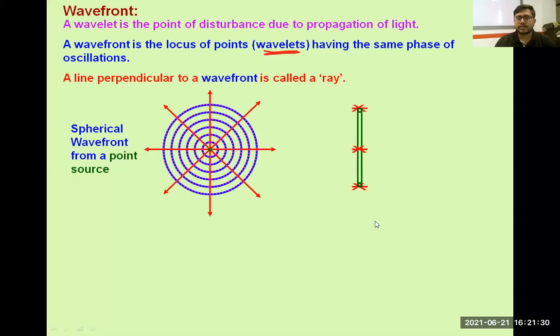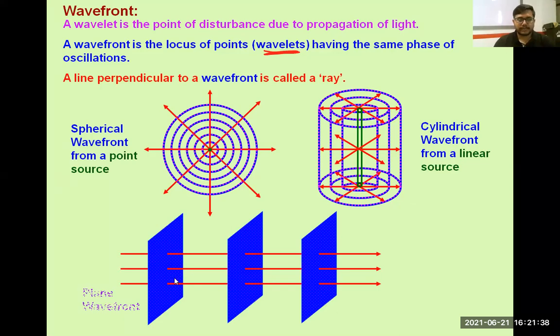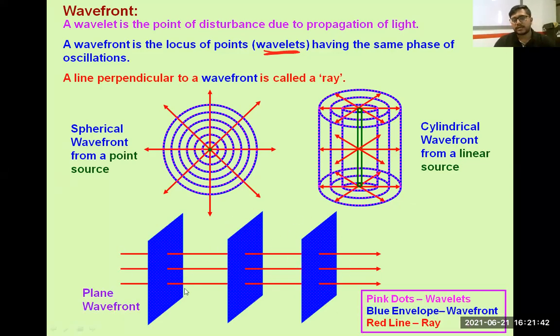Similarly, for a line source, you see this type of wavefront we will get, and this is called a cylindrical wavefront from a line source. Similarly, for a plane wavefront, we get this type of structure, or you can say when light is coming directly like this, it will form a plane.